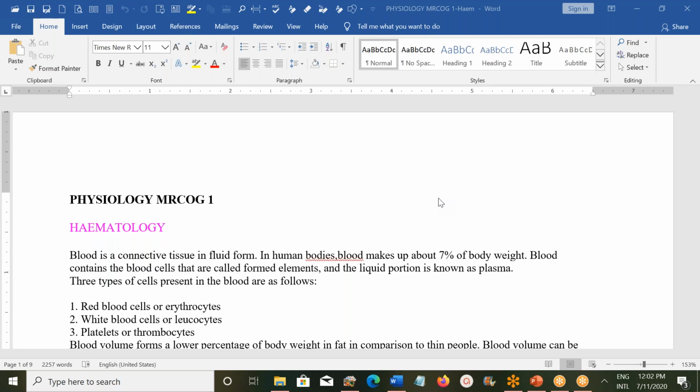Hematology. This is an important subject for the exam. We are going to get many questions from here. Basically, they would like to ask you about the blood cell, different blood groups, why they are important, and what is their significance, which blood products can be used for blood transfusion, and then what are the complications of blood transfusion.